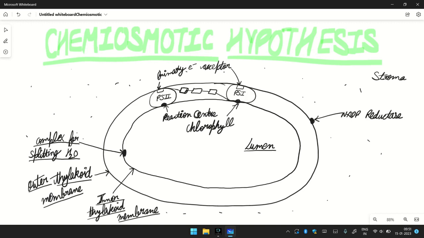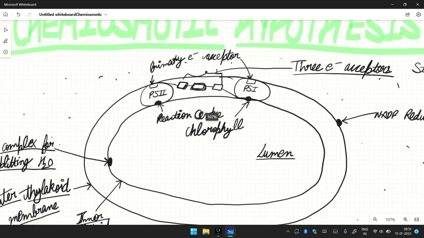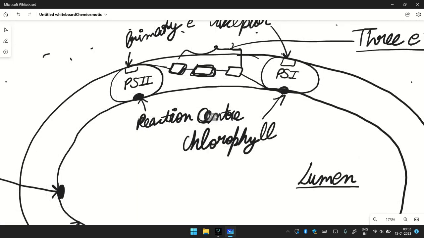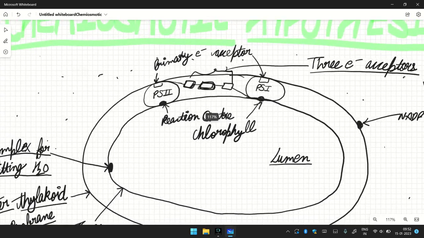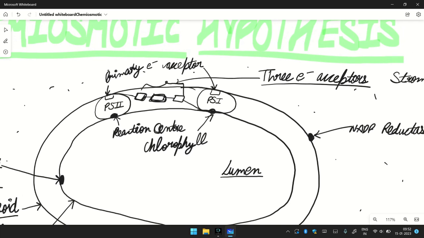Let me write it down. These are our three electron acceptors.